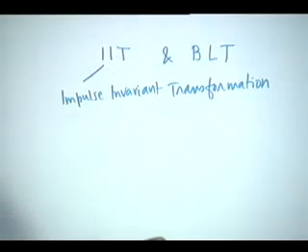Impulse invariant transformation is conceptually very simple, but is always amenable to aliasing error, aliasing distortion. Aliasing cannot be avoided in impulse invariant transformation, whereas bilinear transformation is free from aliasing error.